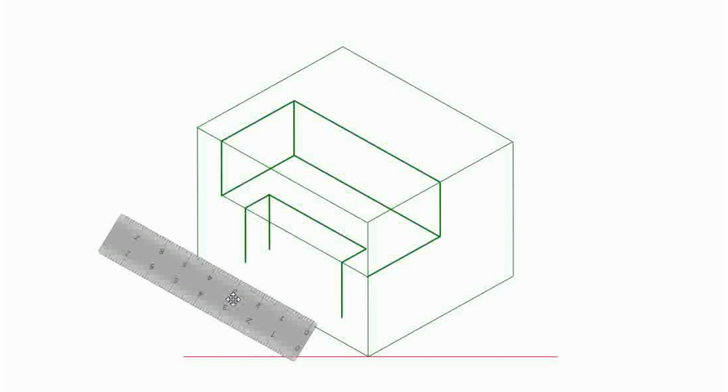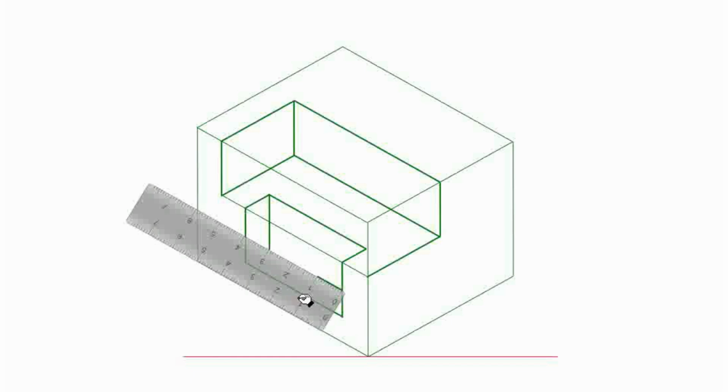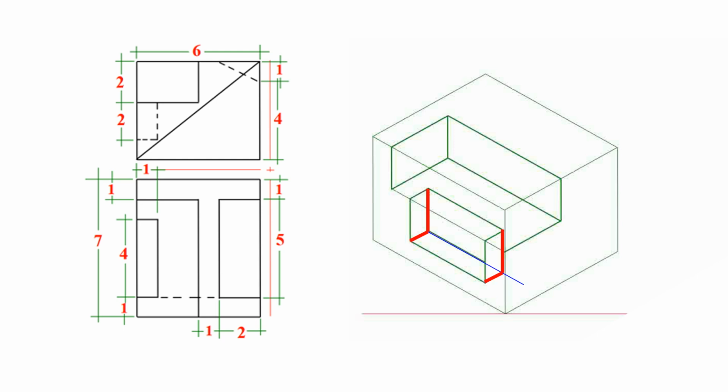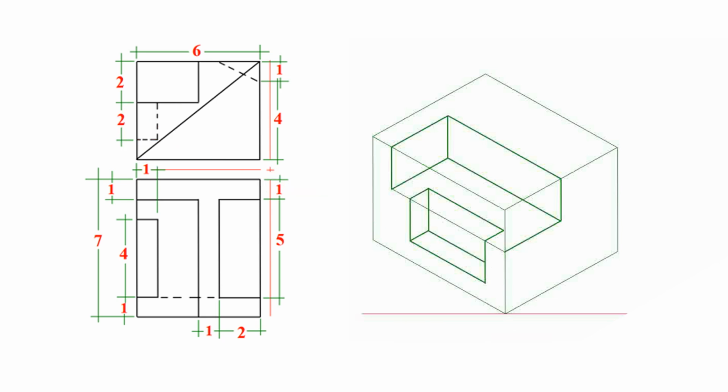No more. This is the difference between a blind feature and a through feature, a distinction that matters greatly in both drawing and real-world manufacturing. Always let the lines guide you. Solid lines tell you what is visible. Hidden lines tell you what lies beneath the surface. Trust them.